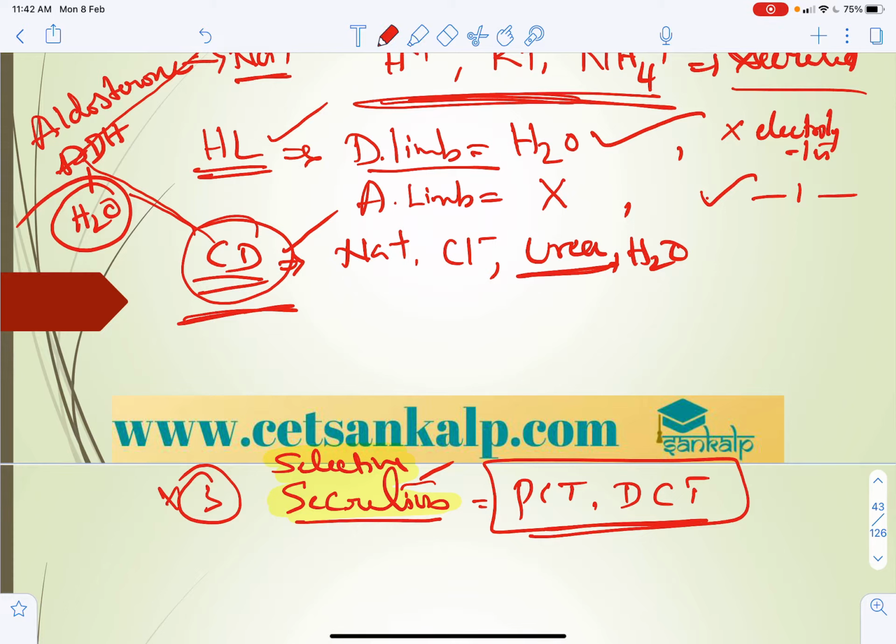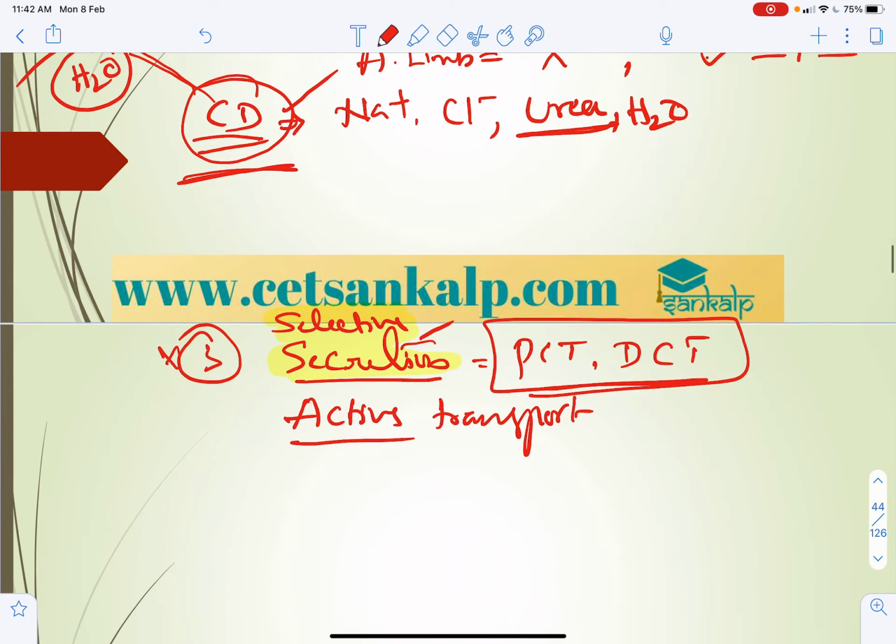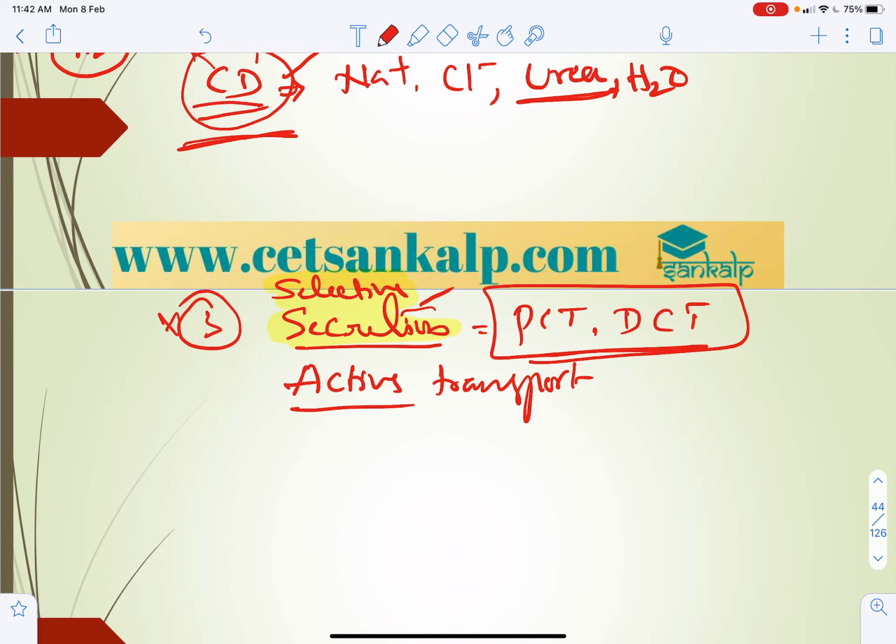And here, generally, you should keep in mind it is always by means of active transport. These are the questions we're going to expect. Active transport. And in the PCT and DCT there are glandular cells, because of the presence of glandular cells, it secretes waste, excess waste will be secreted.